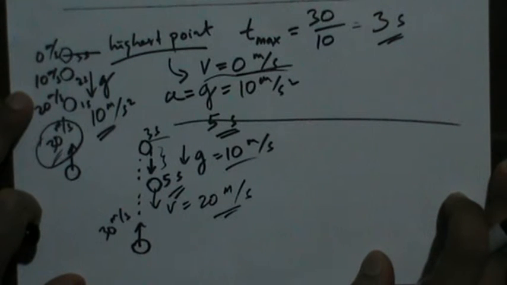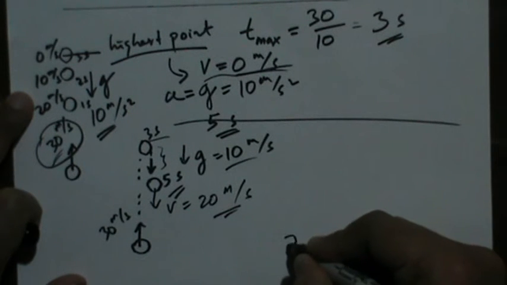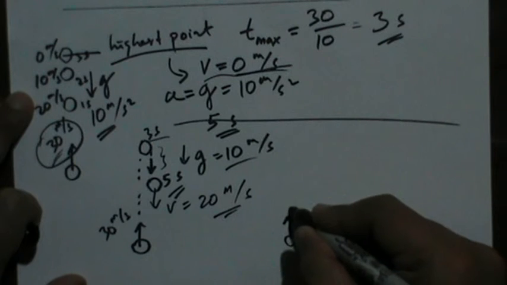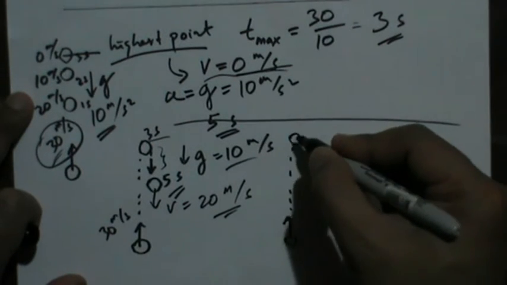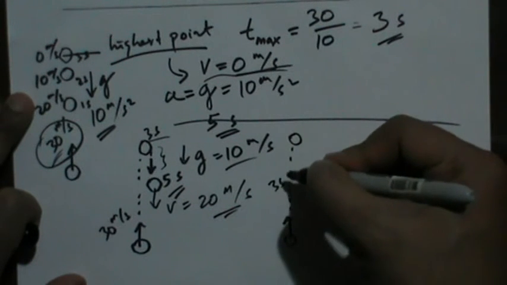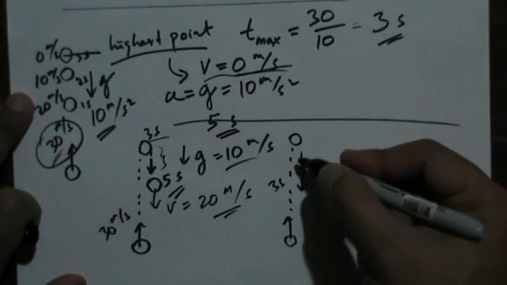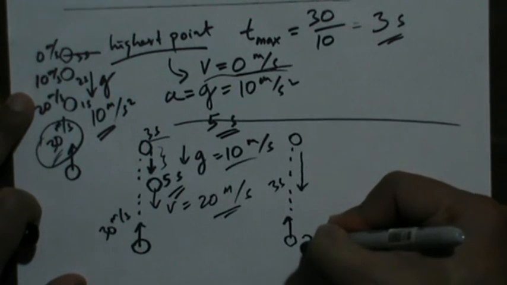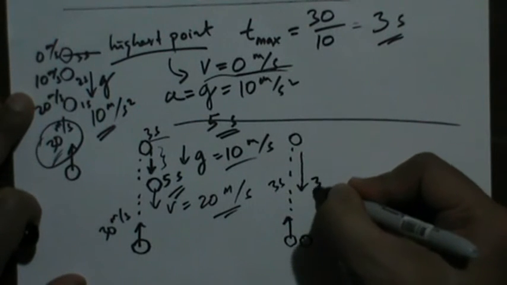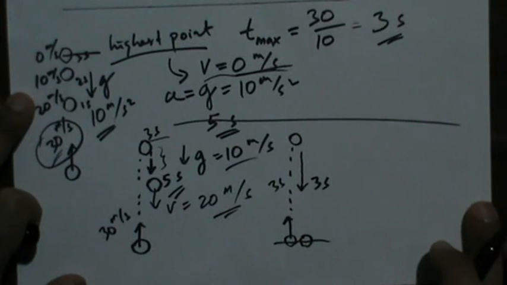Now we are asked to find the time for the ball to return to its starting position. Alright, so when the ball travels upward, it will take 3 seconds to reach the highest point, and when it's moving downward, it will take another 3 seconds to get to the same position.